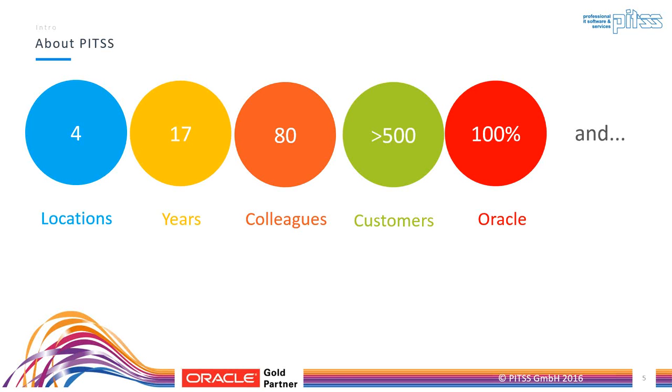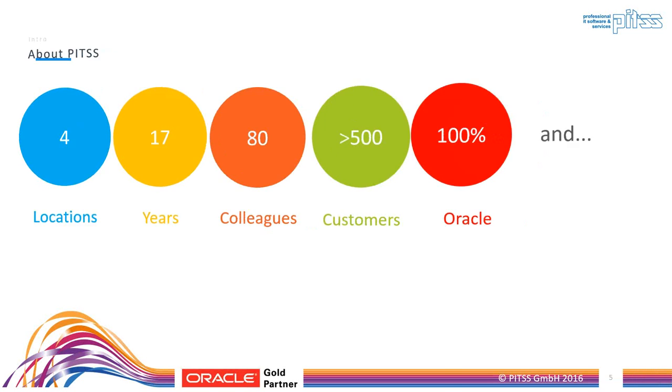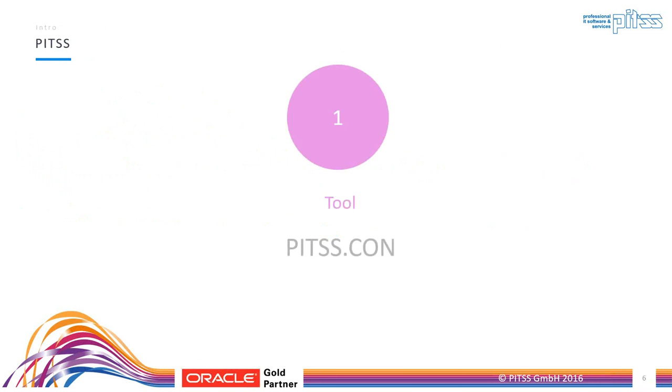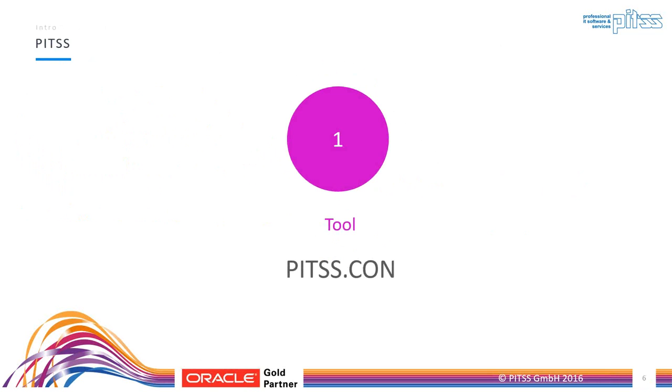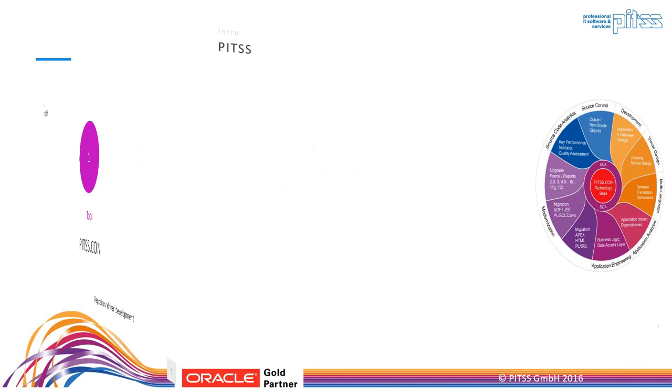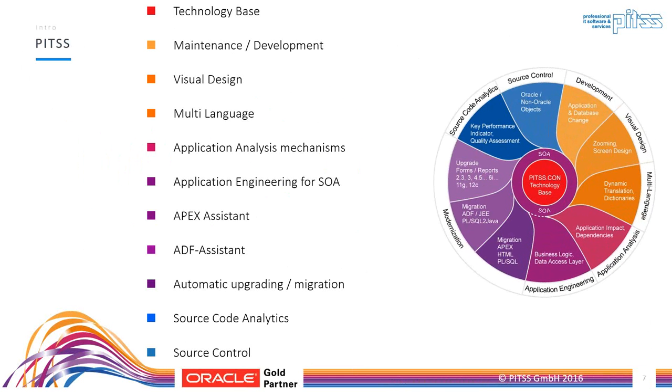All of these customers are related, of course, to our core solution, our tool PITSCon. PITSCon itself is not a one-time disposable product, but a short- and long-term, multifunctional tool to reduce costs and improve development processes and further application maintenance. Therefore, PITS offers a huge stack of functionality.